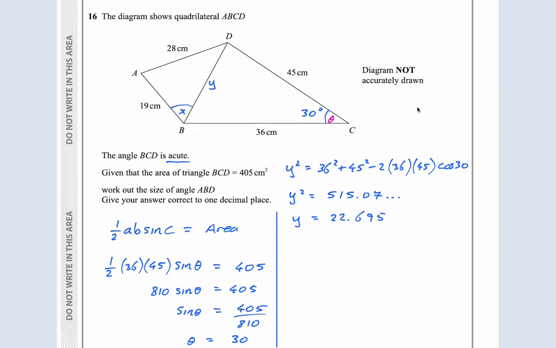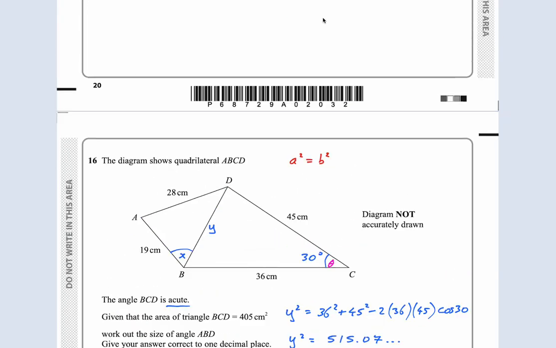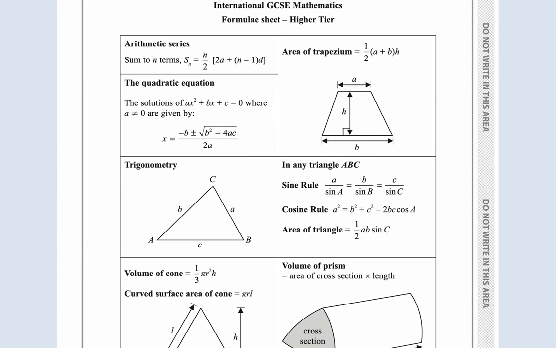So if the cosine rule is, I'll write it up here, a squared, I think they start with a, guys, but it doesn't matter which, as long as the letter matches up with the angle. Actually, guys, I just do want to make sure I have the same letter that they use. They use a squared. Okay, yes, fine.